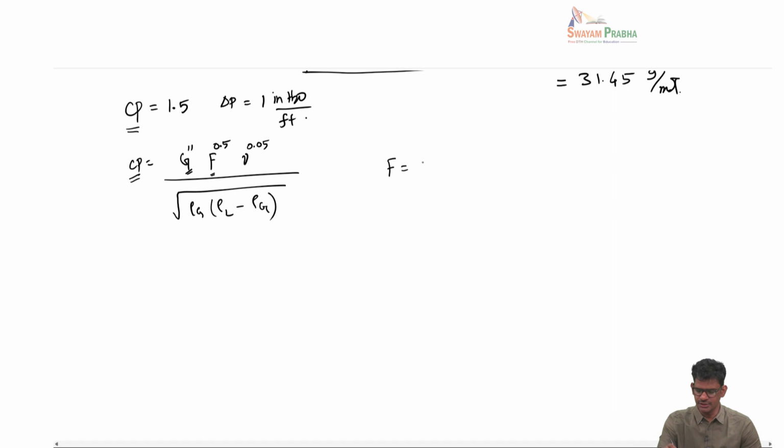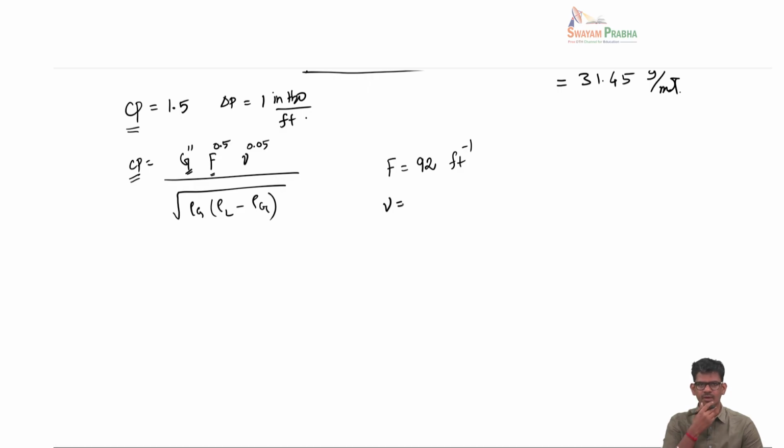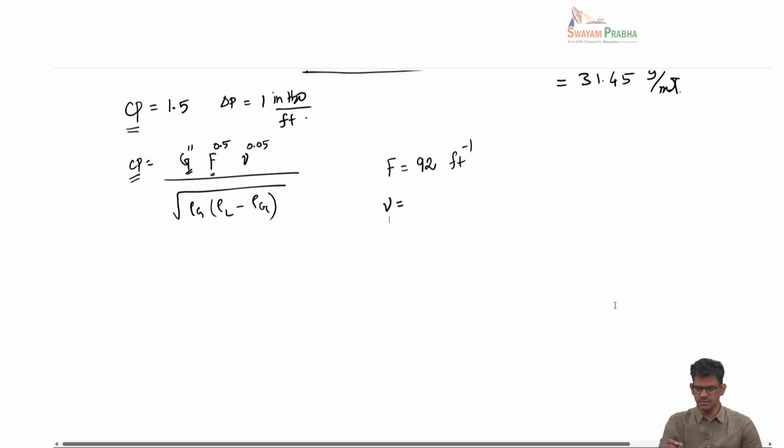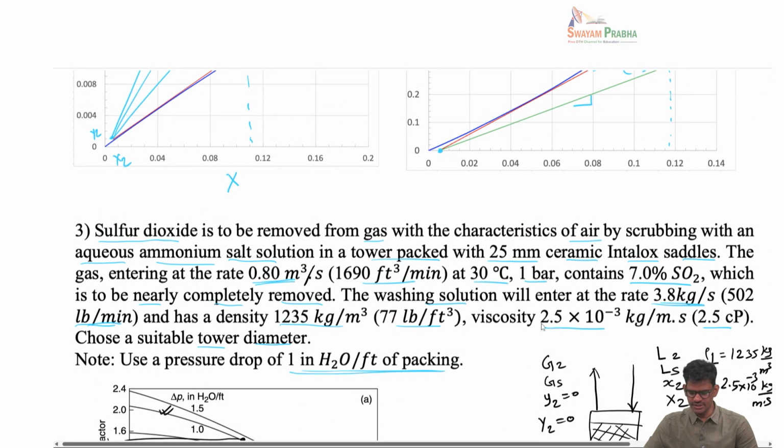F is 92 feet inverse. And then we need to know the kinematic viscosity, which is for the liquid. So you will have to take the viscosity of the liquid divided by the density of the liquid. I think both data are mentioned here. You can see the viscosity is mentioned as well as the density.